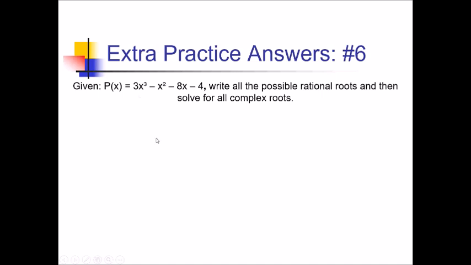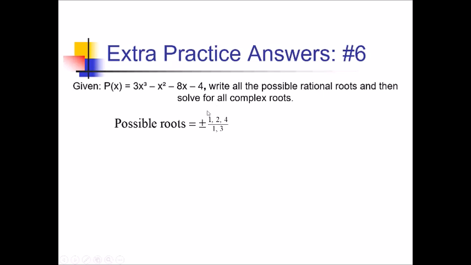So we're going to have plus or minus fractions, and in the numerator I'm going to have, again, factors of 4, so that's going to be 1, 2, and 4. And then in the denominator I've got factors of 3, which are just 1 and 3, so that's not so bad.